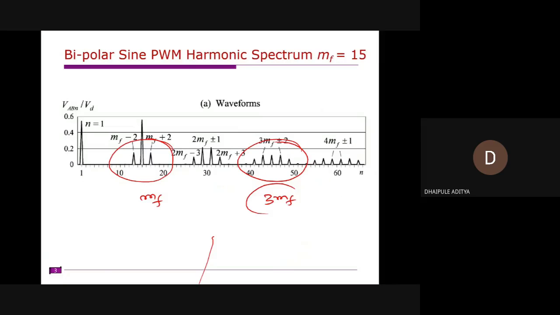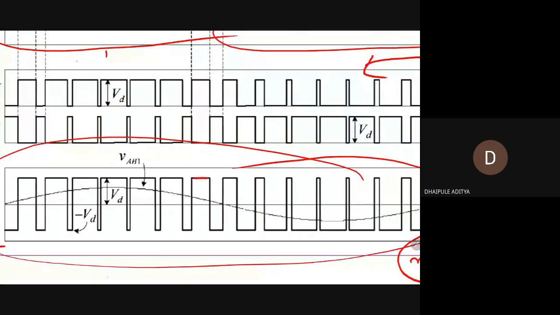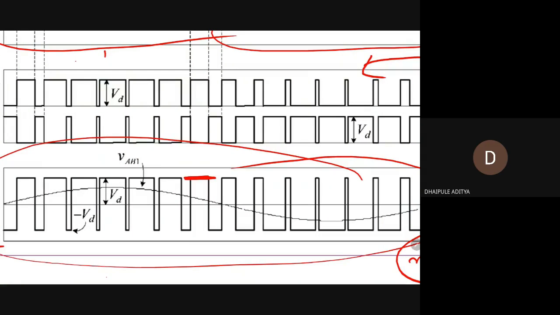In case of bipolar, the voltage is plus VD and it directly jumps to minus VD.